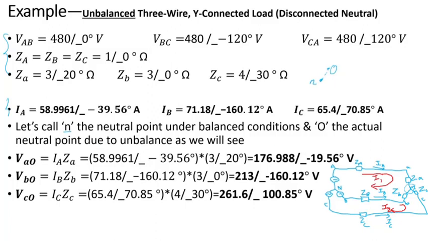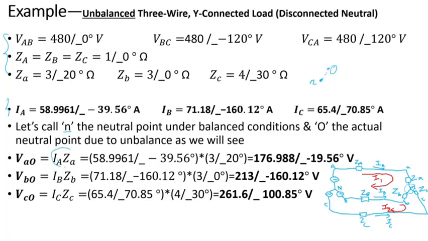So now we want to calculate the voltage from lowercase a to O, the shifted neutral point. So VAO is equal to, it's just Ohm's law. It's just the current flowing through the load impedance, Za with lowercase a, so IA uppercase A times Za lowercase a.